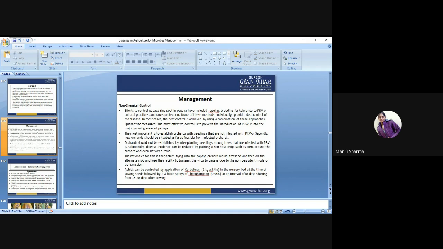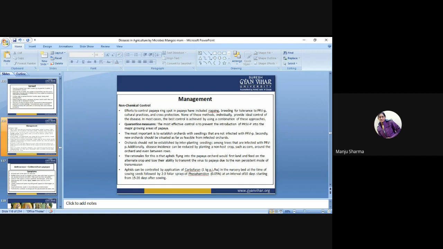Secondly, new orchards should be situated as far as feasible from infected orchards. They should not be established by interplanting seedlings among trees that are infected with PRSV.